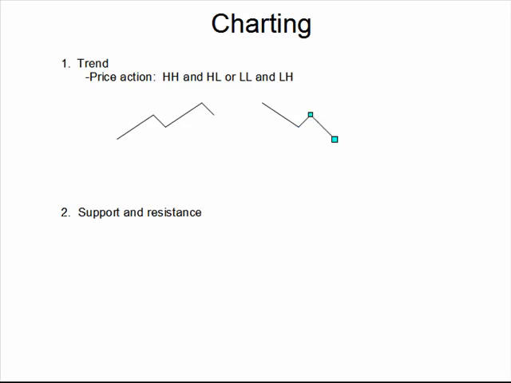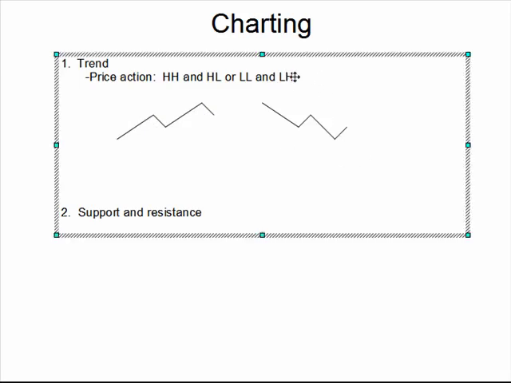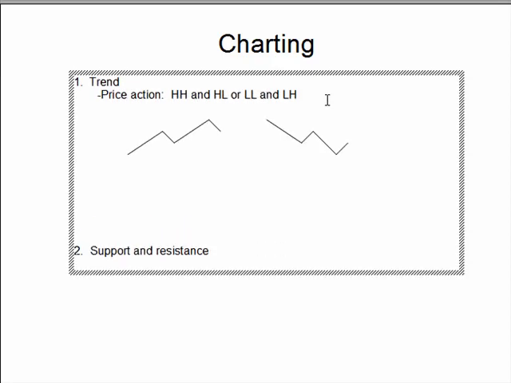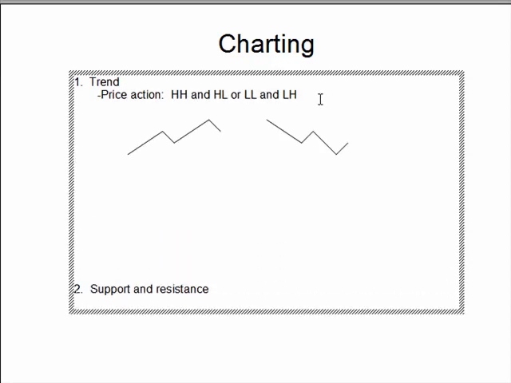And if we have that pattern, it's pretty simple to identify that trend. Now, it's not always that simple. Sometimes you get a mixed bag of things as far as the price and what it's doing, but we can certainly look at the trend as kind of being able to identify the actual price movement.